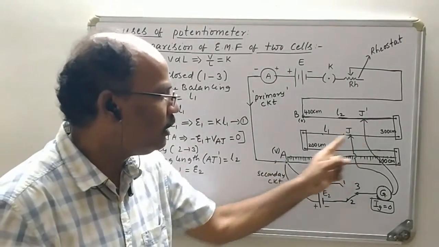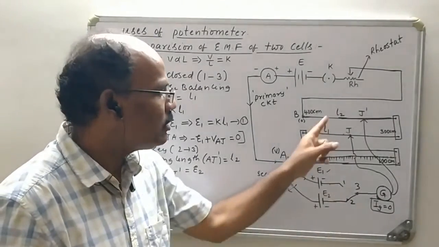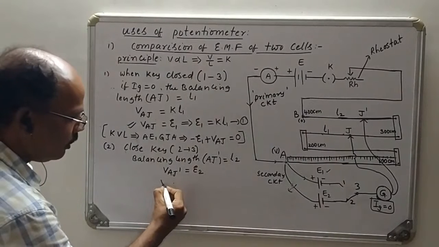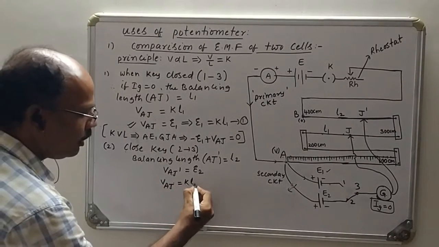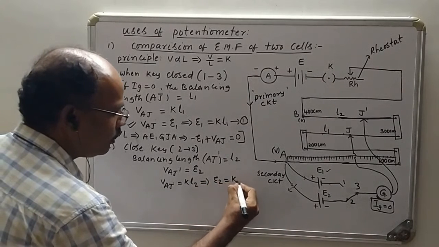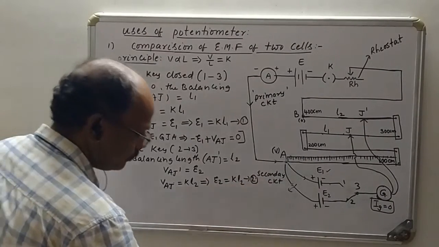Potential drop across the given length AJ dash wire is equal to L2. So from the principle of potentiometer, VAJ dash is equal to KL2, which implies E2 is equal to KL2. This is equation 2.